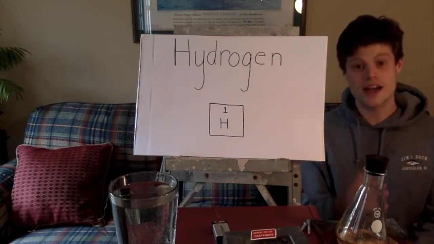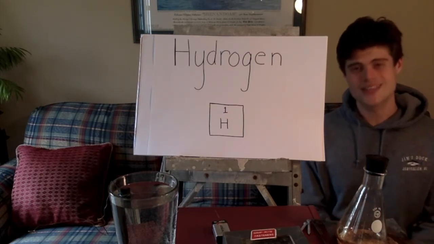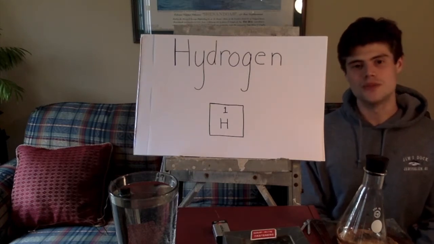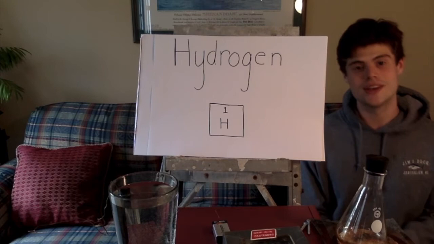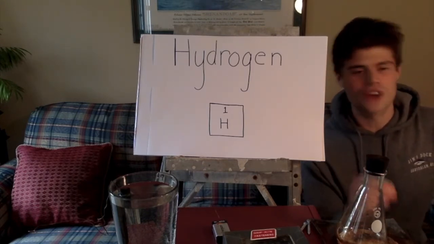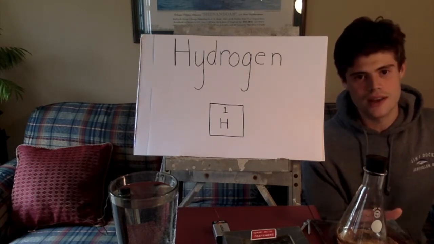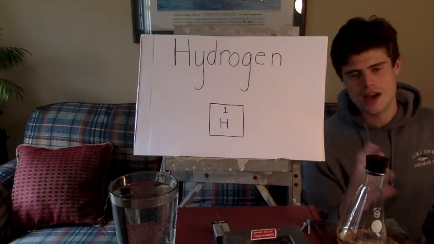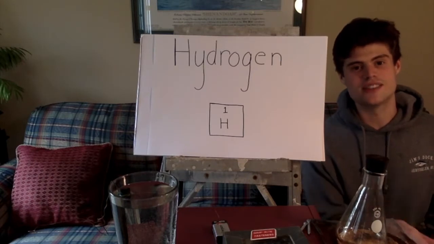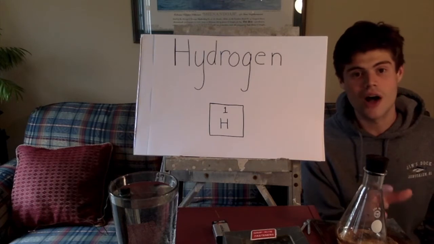So this element, hydrogen, is the simplest, lightest, and most common element in our entire universe. If you've ever seen the periodic table of elements, you know that there are very many different simple atomic structures that are the building blocks for every single thing in our entire universe here on Earth and then also far out into outer space. 75% of all the stuff on Earth and way out there in the universe is all hydrogen.